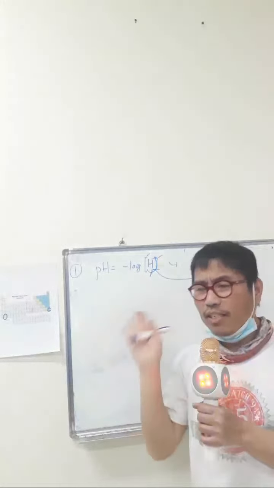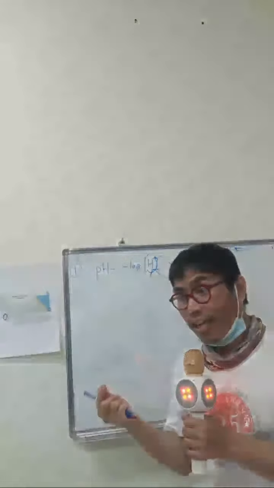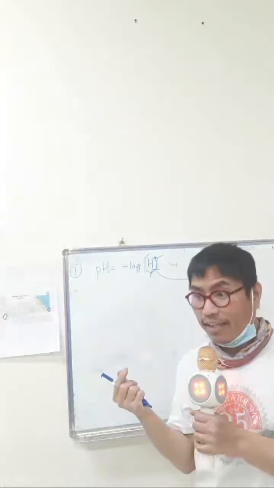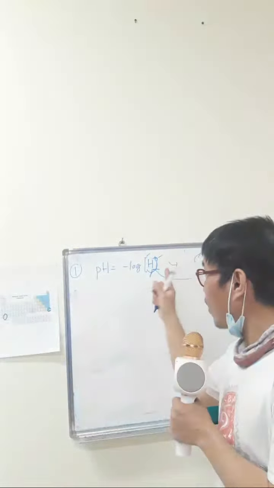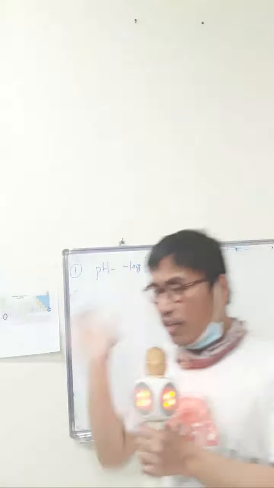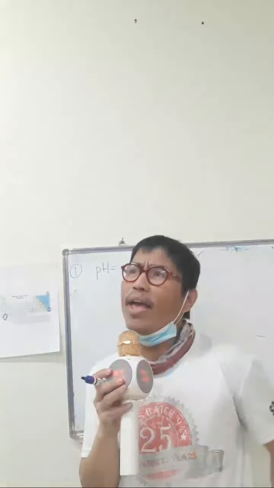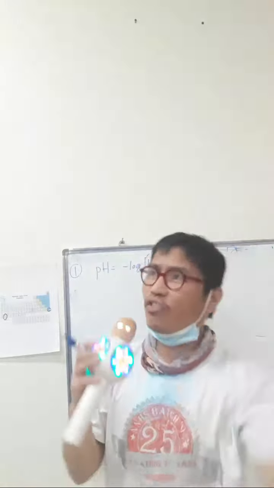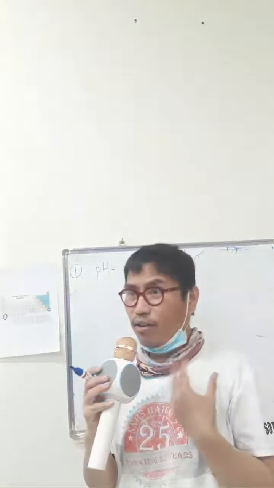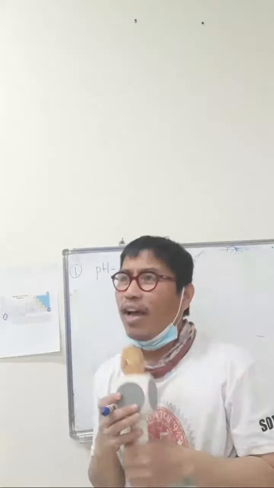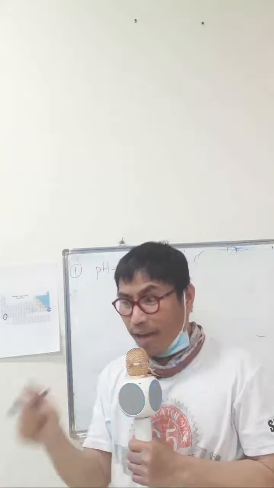My purpose in connecting that is because if the given in a future examination is normality, then you don't have to substitute directly here. For example, this is hypothetical, based only on my brain cells: I have 0.4 normal hydrochloric acid.